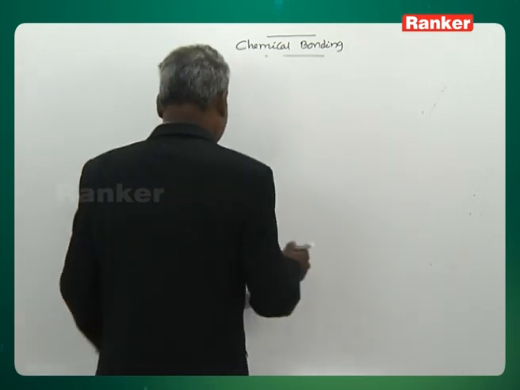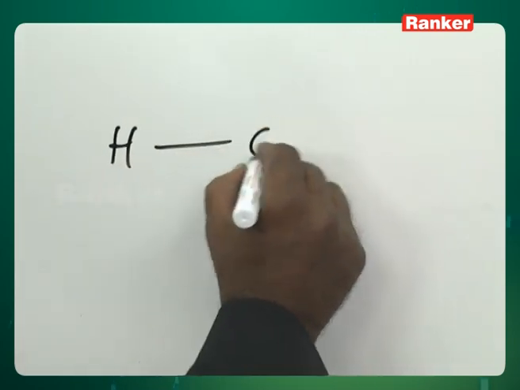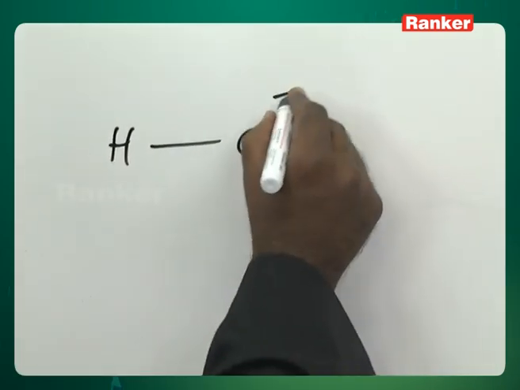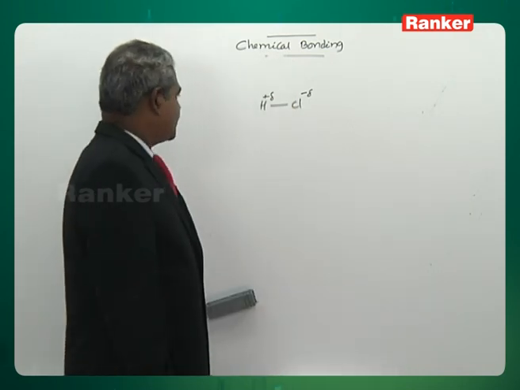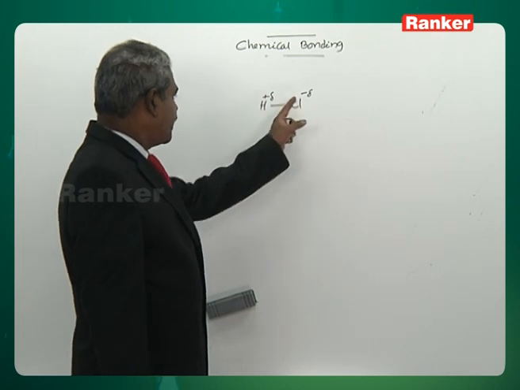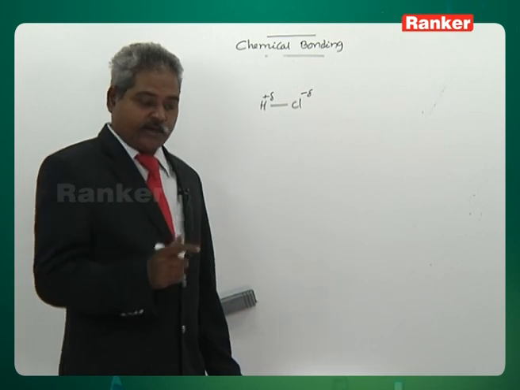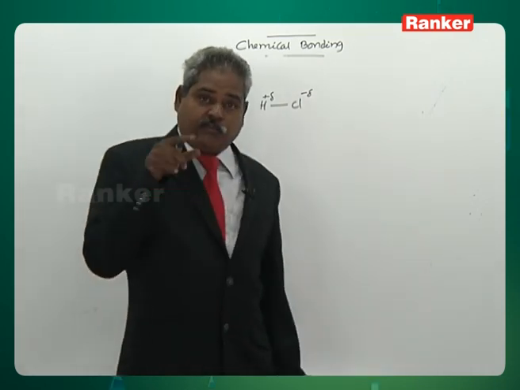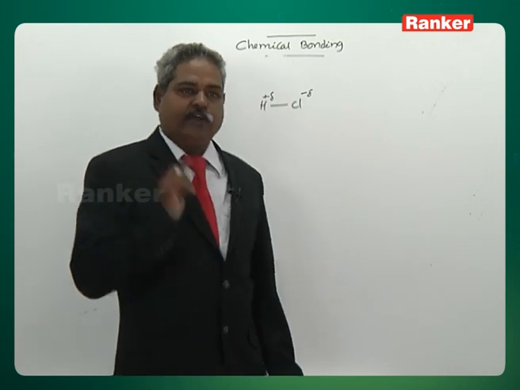And as a result of this polarity, this becomes minus delta and this becomes plus delta. So, as a result of polarity, there is an electrostatic force of attraction between these two. Whenever there is a force multiplied by distance, a moment is developed.